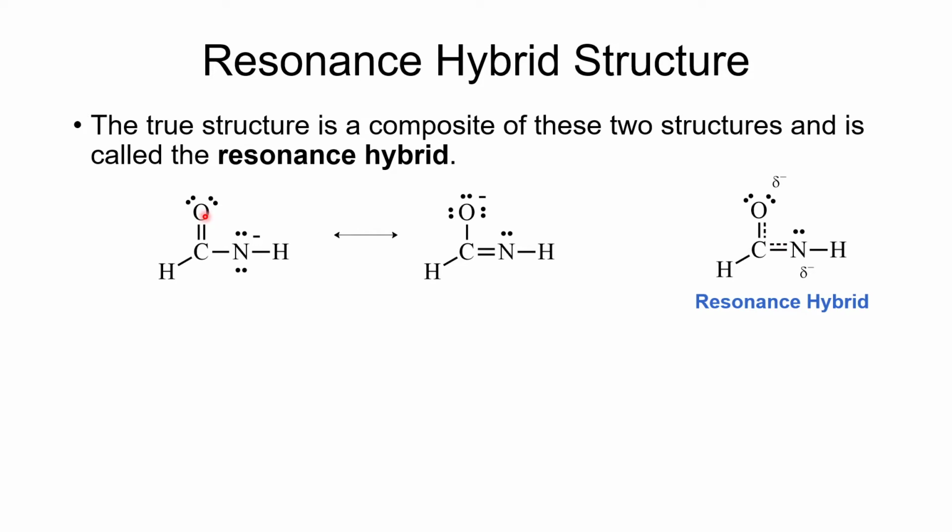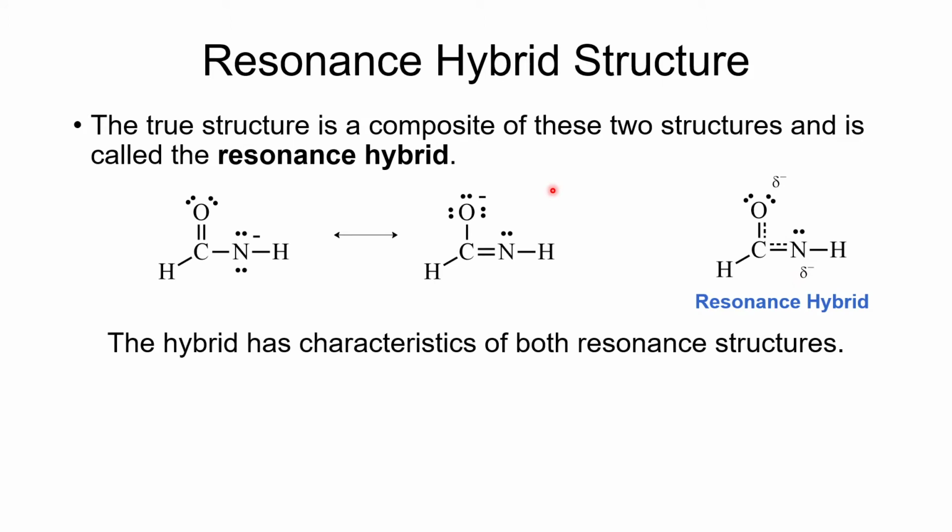On the structure on the left, we have 0 formal charge on the oxygen. Here we've got a -1 formal charge. So that means there's going to be part of a charge. We represent that partial negative charge by putting a lowercase Greek letter delta with a minus, so delta minus. In a similar fashion, on the nitrogen, we've got -1 here, 0 there. That means that we will put a delta minus on that nitrogen.